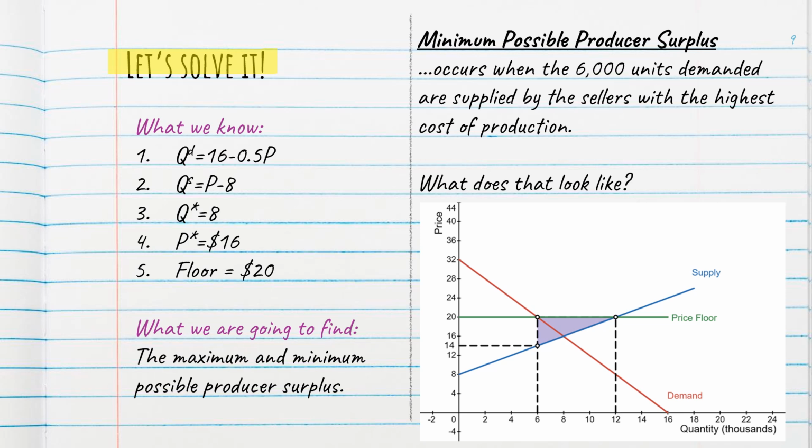So we're in the upper portion of the supply curve. Now keep in mind, we haven't gone up here, because those suppliers' cost is too high relative to the price. So we're looking at the 6,000 units on the highest possible portion of the supply curve, and the producer surplus is just that purple shaded region.